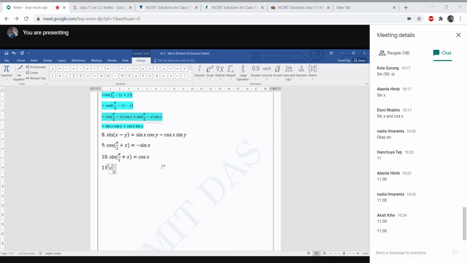Next is cos pi minus x. Cos pi minus x will be, pi means 2 into pi by 2, right?